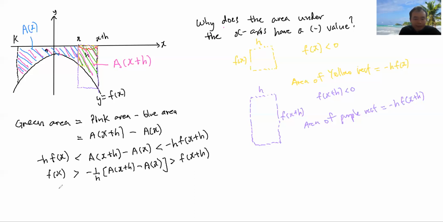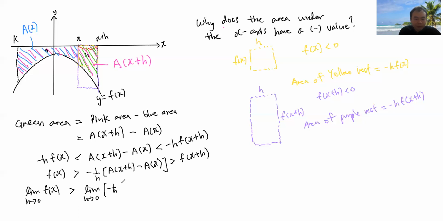Right now I'm going to take the limits for this entire inequality as h approaches 0. I've talked about this during my previous video, so you can watch it to understand what's going on if you don't. So take the limit as h approaches 0: f of x is bigger than the limit as h approaches 0 of negative 1 over h.